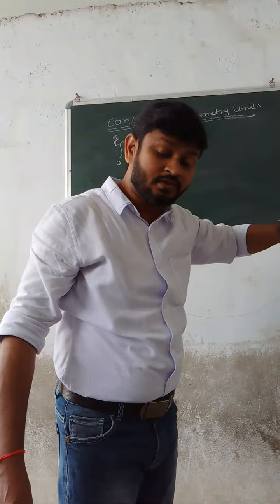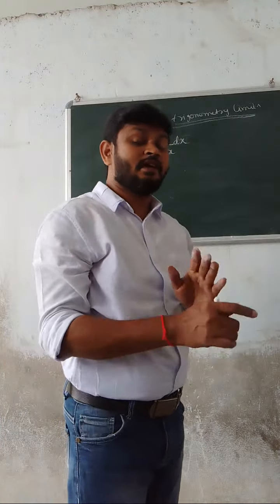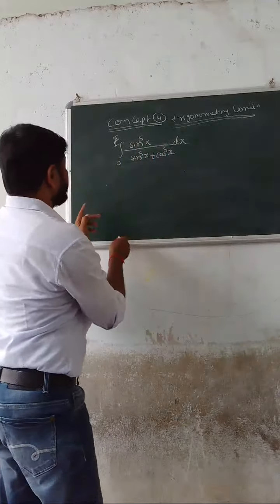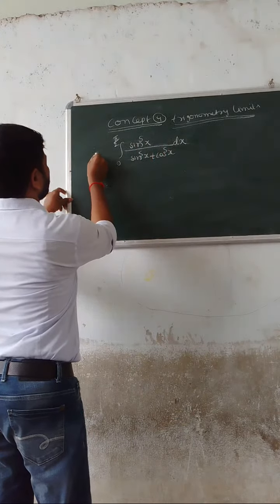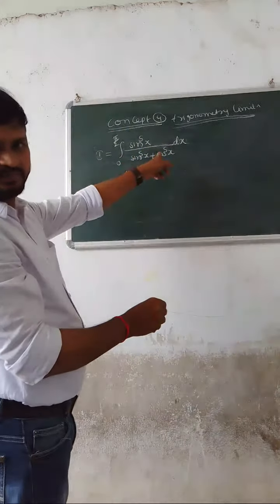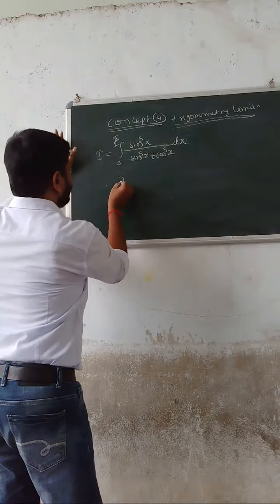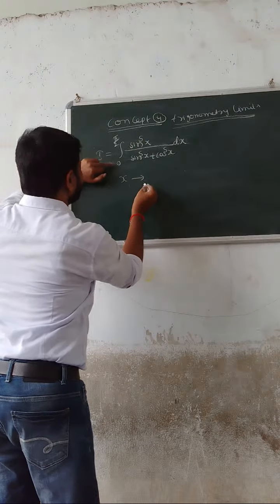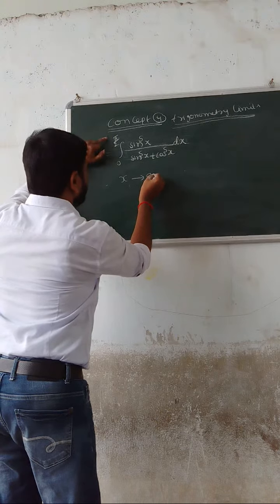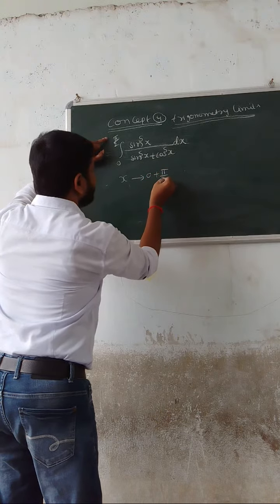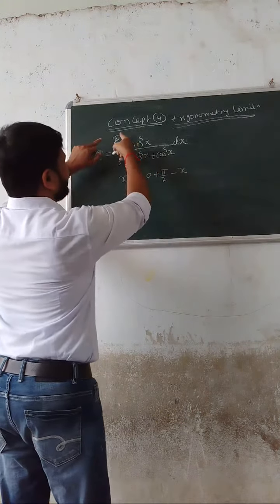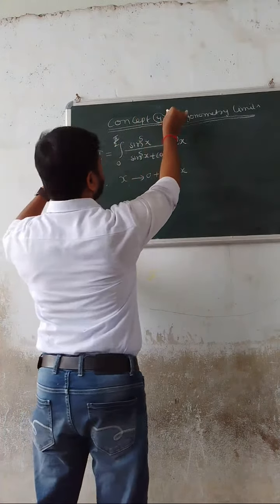What I told you just now, if there are trigonometry limits, I plus I, that is one I given in the question. And next, x is replaced by a plus b minus x. That is concept number 4.